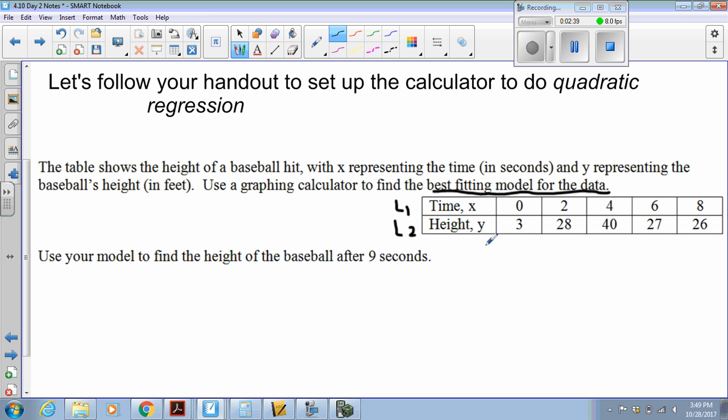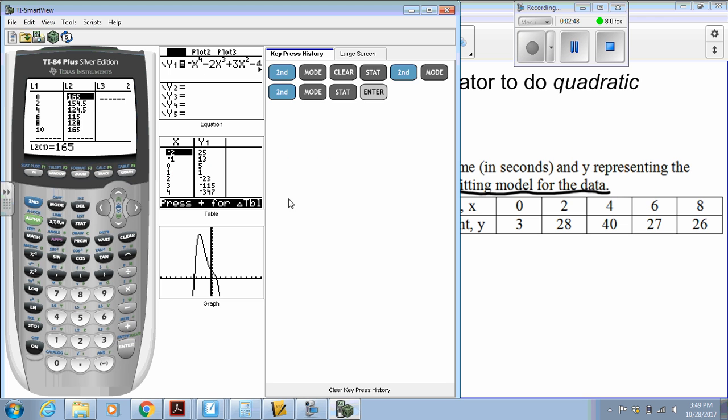So going back to our graphing calculator, in the L1, we're going to place 0, 2, 4, 6, and 8. Now, some of you might already have stuff inside your graphing calculators. If that's so, you can actually clear the stuff out. So I'm going to arrow right, which highlights the 0, and I'm going to click the up button.